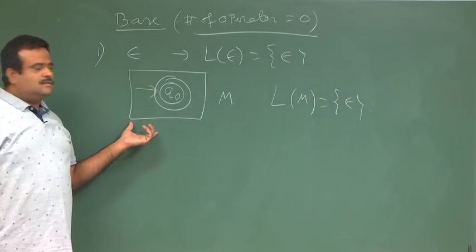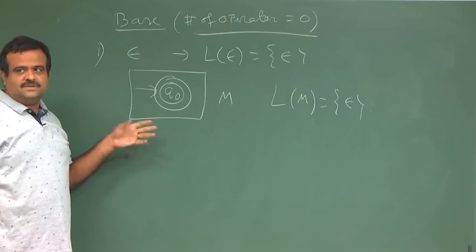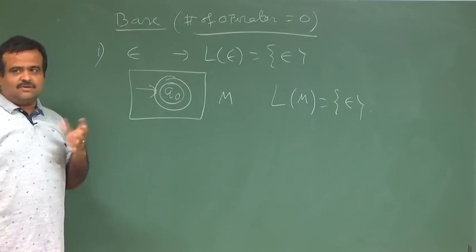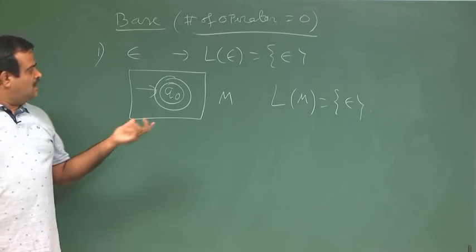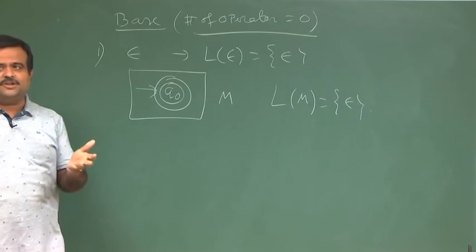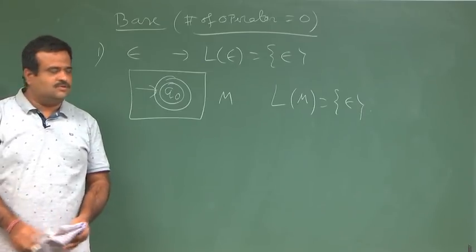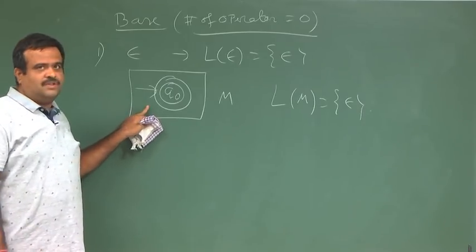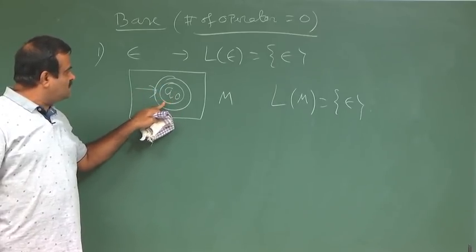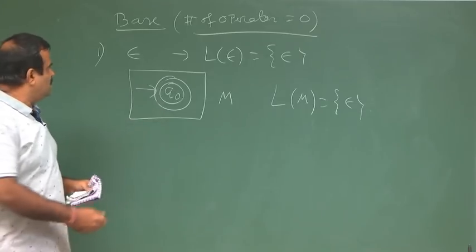It is only accepting epsilon. This is an epsilon NFA, although there is no epsilon move here. In an epsilon NFA, it is not mandatory to have an epsilon move; we may or may not have one. In fact, there is no move at all. The starting state is also the final state q 0, which is why it accepts epsilon.